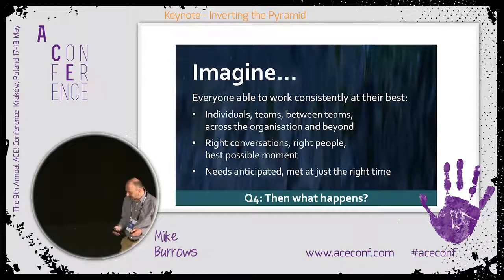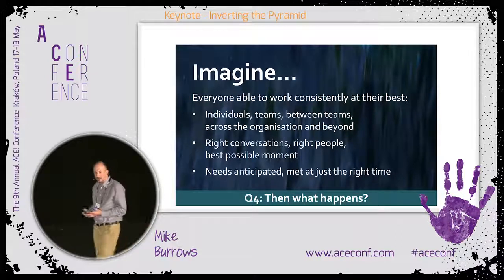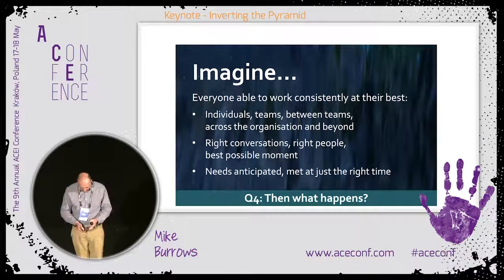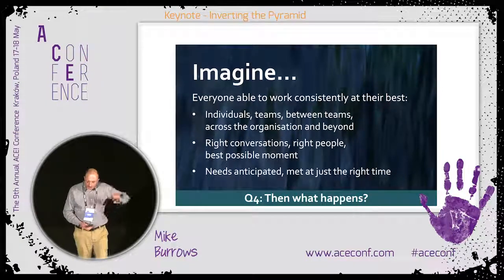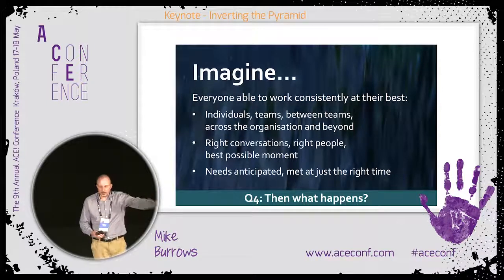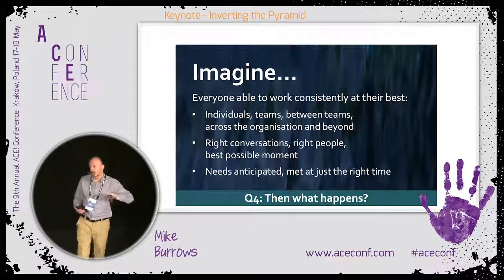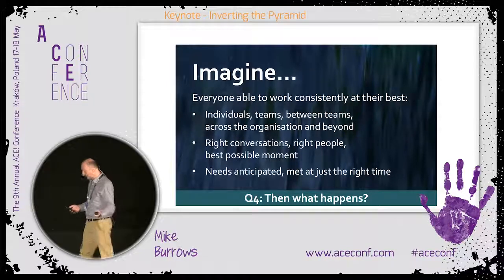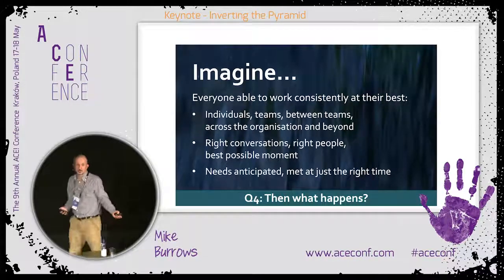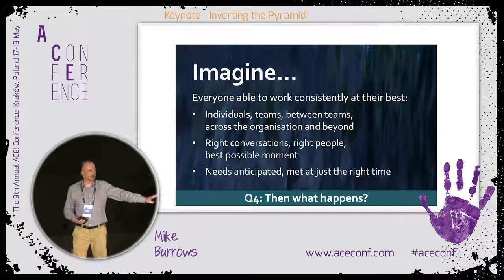Right, next question. A much simpler question, and I'll give you just a minute for this one. So you've started with the true north. You've thought about what would be different. You've thought about what obstacles would be in your way. You've thought about what you would like to have happen. Now, relative to what you would like to have happen, then what happens?